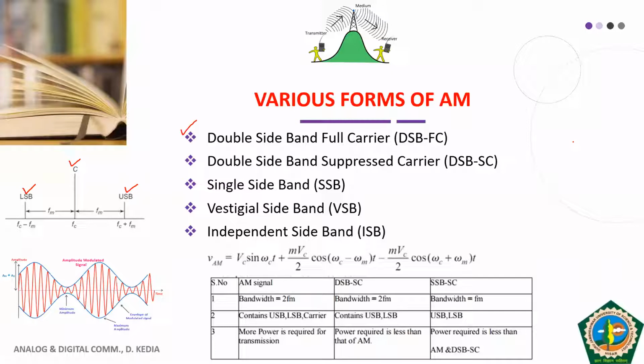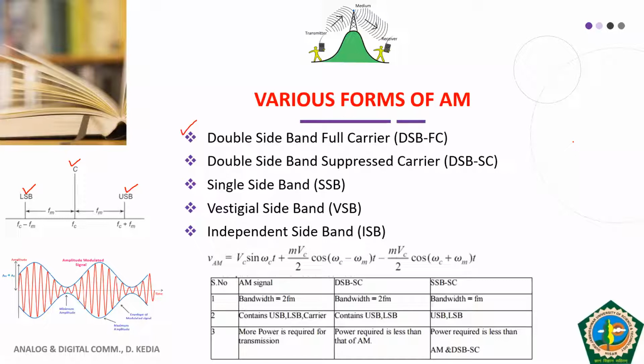So we don't want to unnecessarily waste these resources. That's why different forms of amplitude modulation have come up. In those different forms, there are different requirements for power as well as bandwidth. So depending on our requirement, we use that particular form of amplitude modulation. Obviously, we will have to pay a price for that.